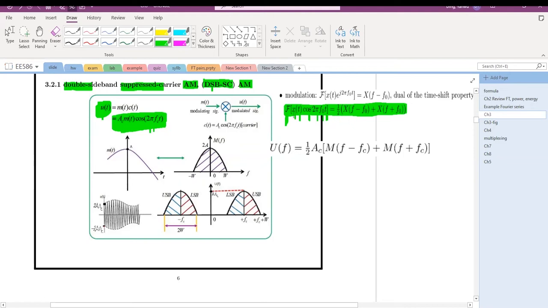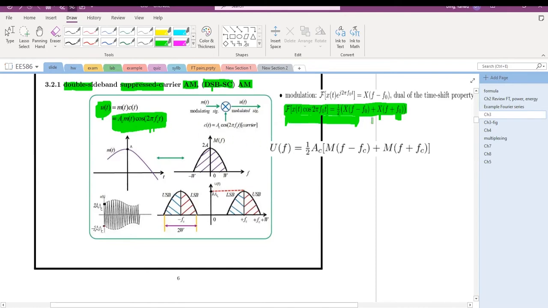It equals the spectrum of x(t) moved to f_0, and the Fourier transform of x moved to minus f_0. You sum them up, you take half. So this is the modulation property. We're going to use it.